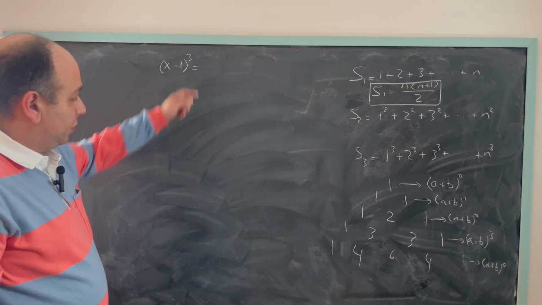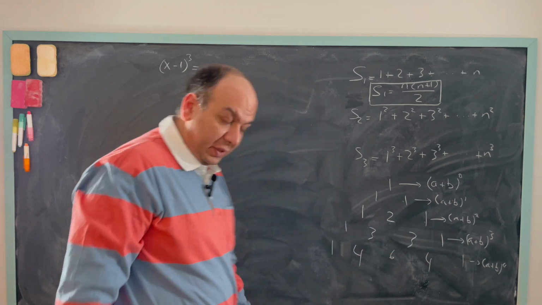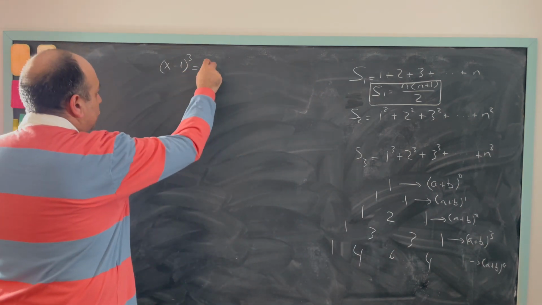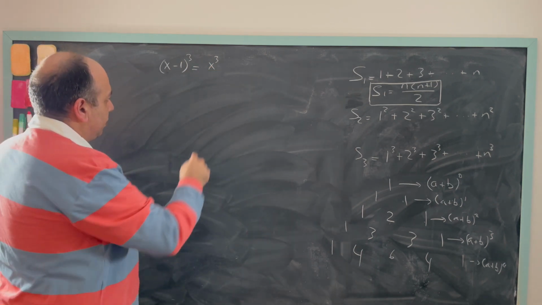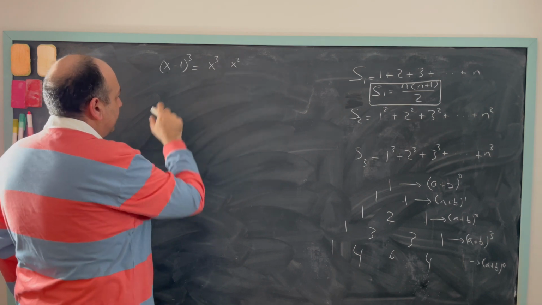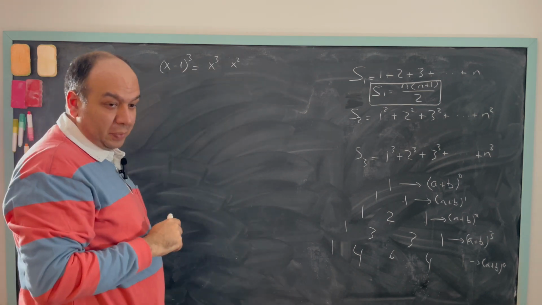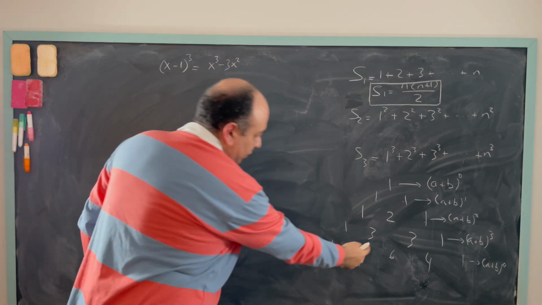So x minus 1 cubed. For the cube, I have 1, 3, 3, and 1. Right? These are the coefficients. So x cubed. I'm lowering this power by 1 for the next term. So it's going to be x squared, 1 to the power 1, but it's a minus. I'm going to pick minus 3 because I have 3 here.